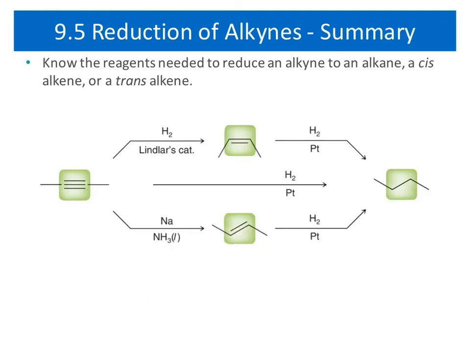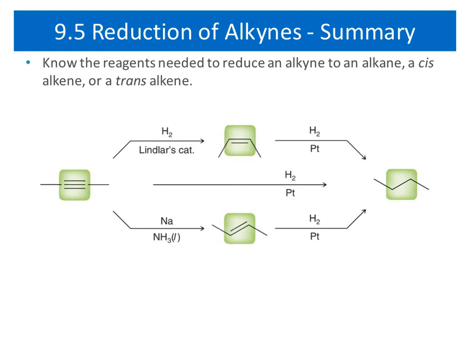This slide is just the summary of what we talked about in reduction of alkynes. So if you want to form an alkane out of an alkyne, you need to treat the alkyne with hydrogen in the presence of one of the metal catalysts such as palladium, platinum, or nickel.